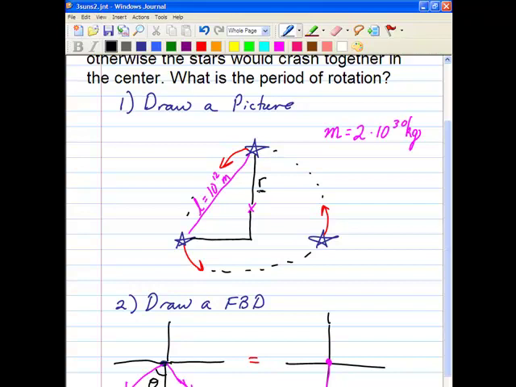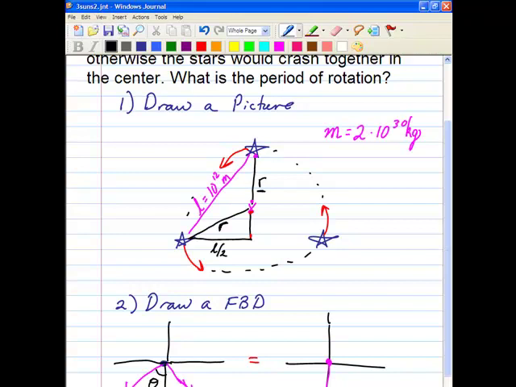Notice that this distance up here is not going to equal this distance down here. So let's try bisecting the triangle like that, which this distance right here is going to be r as well, and this distance down here is going to be L over 2.